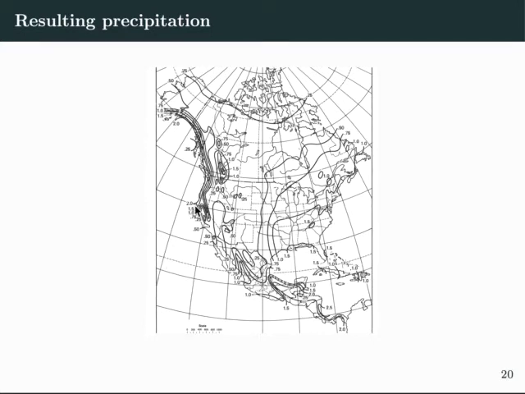An isocline is a line of constant value, in this case 2. That's 2 meters of precipitation falling along that west coast on average, because of the persistent moisture coming from the North Pacific and the effect of that mountain range along that region.